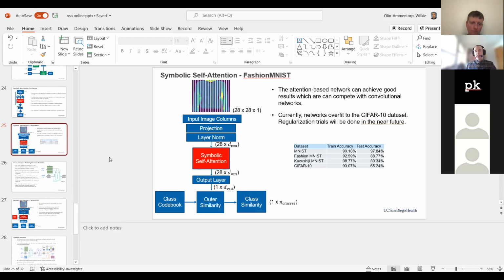Because that might be the issue, right? The data sets that are standard benchmarks right now are not necessarily the ones that would be useful for demonstrating the advantages of processing symbols in distributed representations.